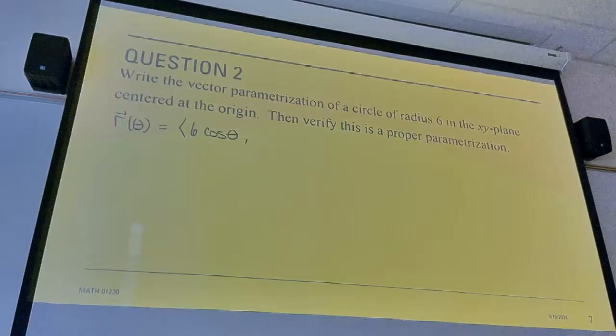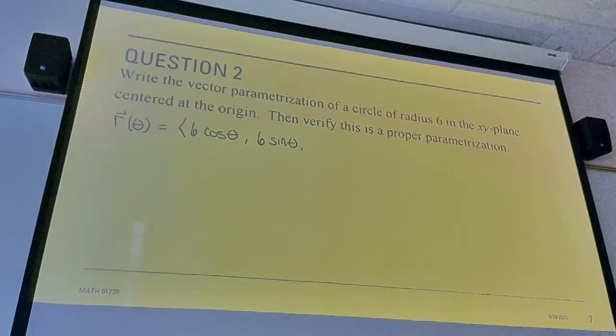What about the y? 6 sine theta. Not done yet.